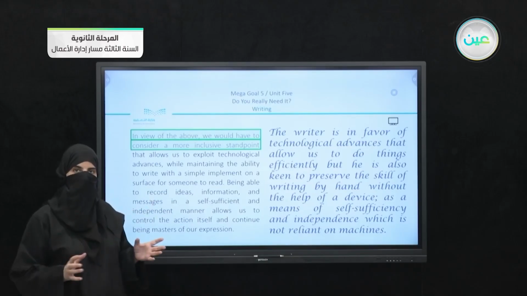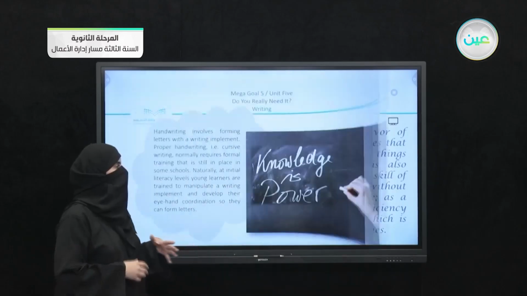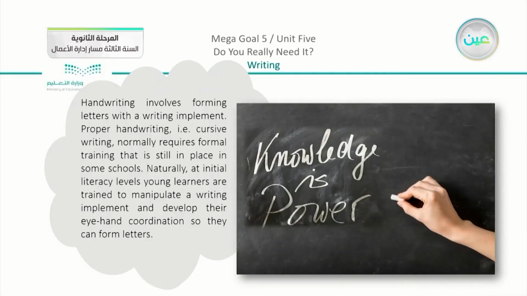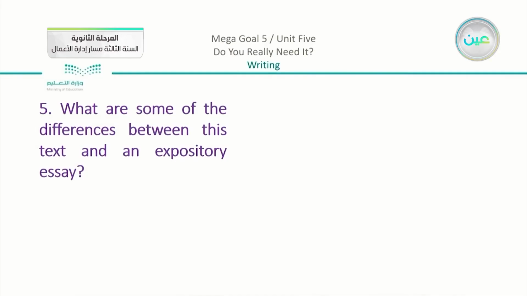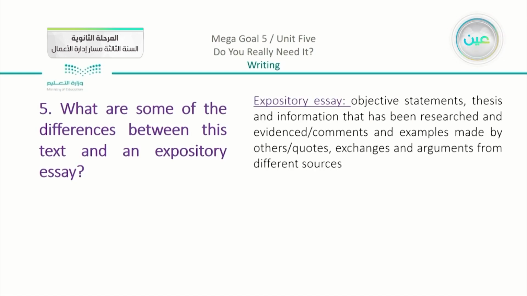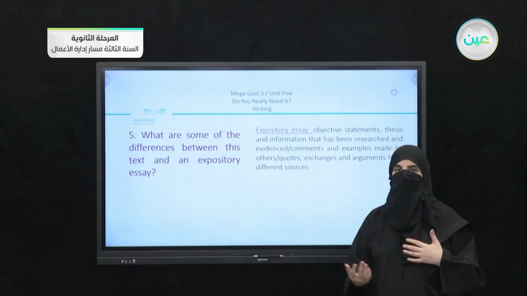This is the basic topic, and after we had finished the paragraph here, we had the kind of summary that we passed by, and we moved on to the question, which is what are some of the differences between this text and an expository essay. Now, if you do remember in the previous unit, we did have the expository essay, and here just to remind you that we showed the difference between the two types of essays.